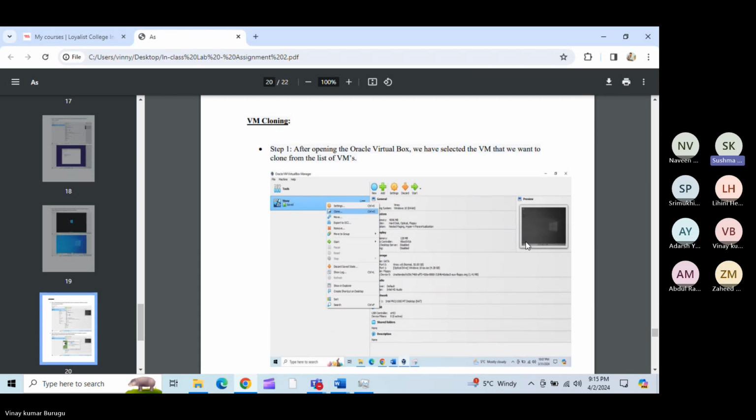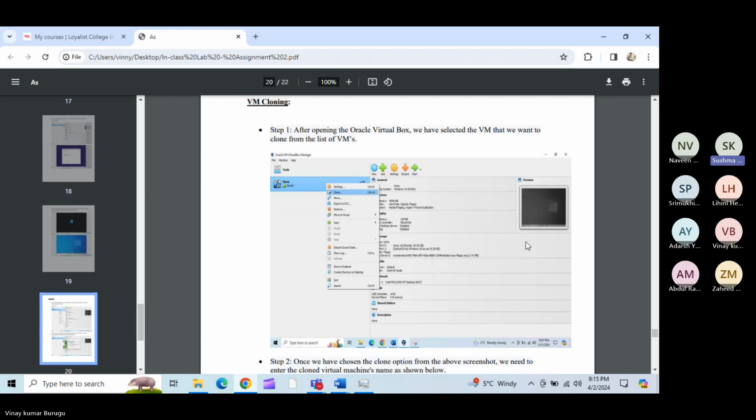Hi, myself Sushma. I'm going to talk about the VM cloning. After powering off the virtual machine, the first step is to open VirtualBox and select the virtual machine that we want to clone from the list of VMs.